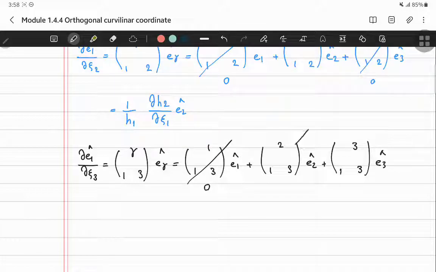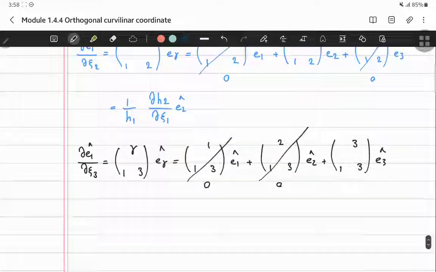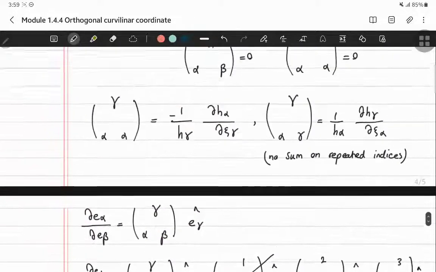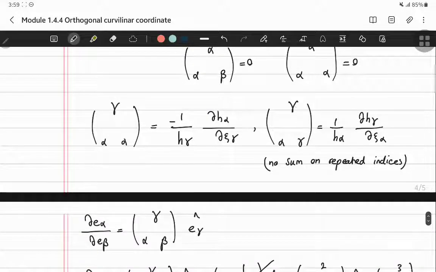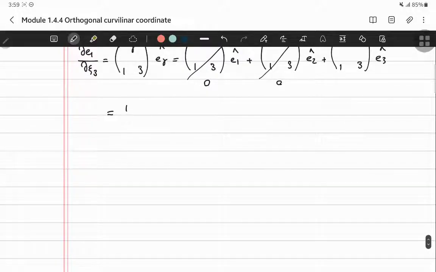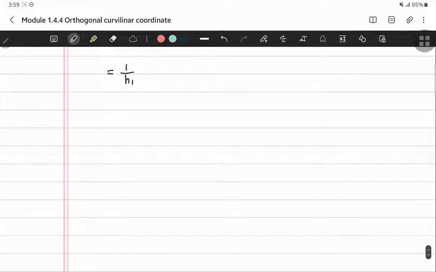We have 2 1 3, which is 0 because of this case. And the only case is this one, 3 1 3. So basically it is 1 divided by h1, it is 1 divided by h alpha. So it is z1, so it is h3, and this is z1, e3.